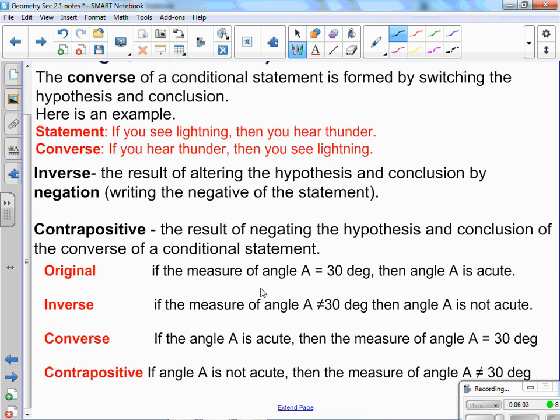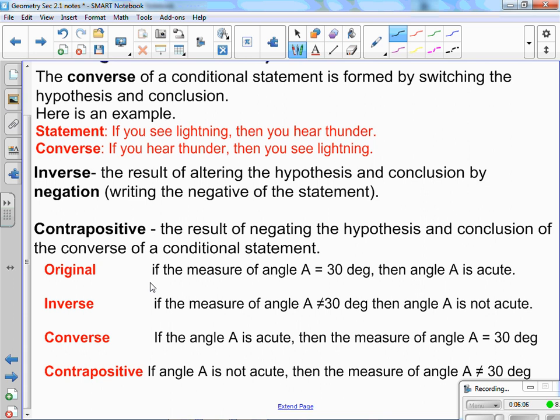So examples here: original statement or conditional statement. If the measure of angle A equals 30 degrees, then angle A is acute. Inverse of that, it's going to say if the measure of angle A is not equal to 30, then angle A is not acute.